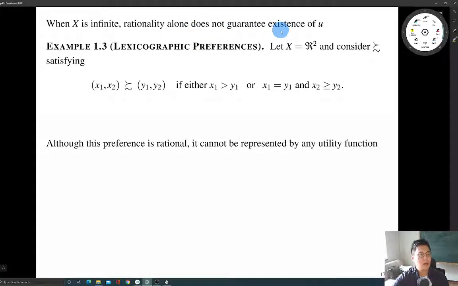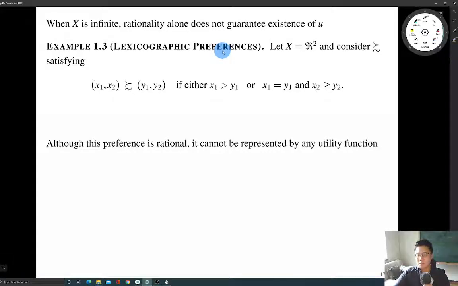Yeah. So the counterexample is given by these lexicographic preferences. This is a very classic example. I believe you guys have seen this preference when you studied undergraduate microeconomics. But let me remind you of this preference.